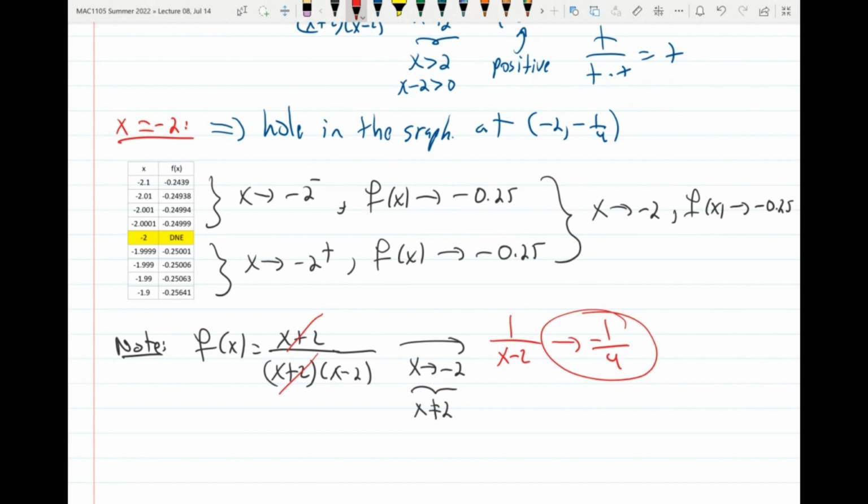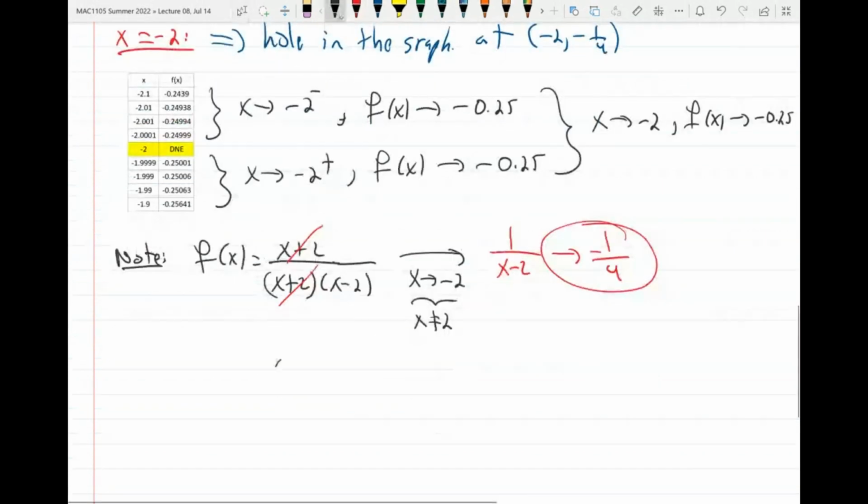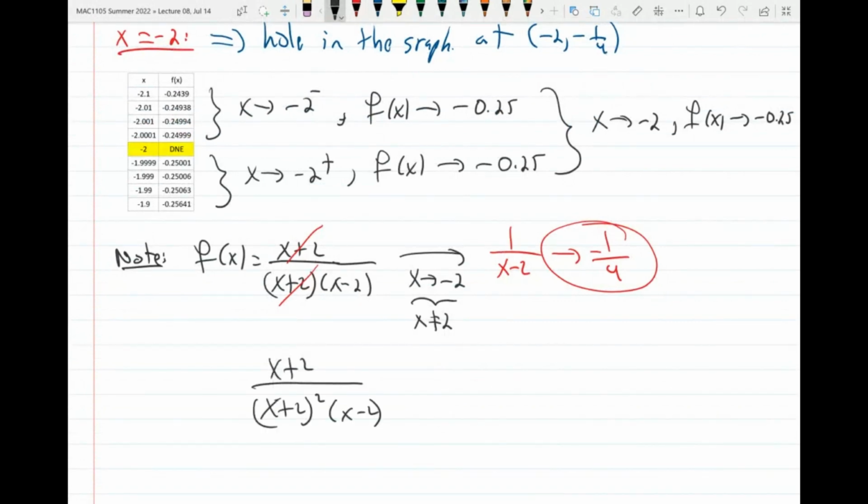Now here, whatever 0 remains in the bottom, that's going to have the infinity behavior that we saw. If a 0 disappears from before, like here, we had a negative 2, and now it disappears, that means you have a hole at that x value. You understand this? If something cancels and it's gone from the bottom, you have a hole. I'm saying it's gone because if you have something like this, okay, you can cancel this, but it's not gone.